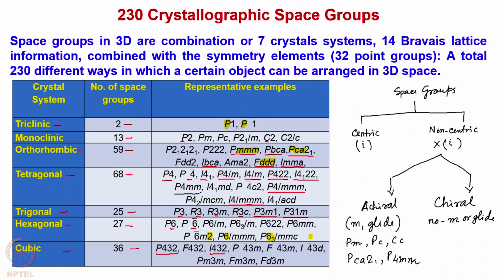But then the chiral space groups are P1, P2, P21, P2121, and so on, which do not have any mirror plane in them. The importance of these chiral space groups is that all chiral compounds will end up crystallizing in these chiral space groups.